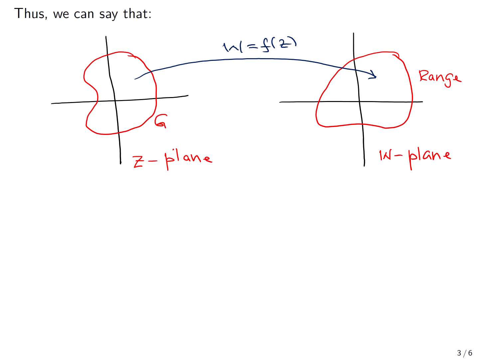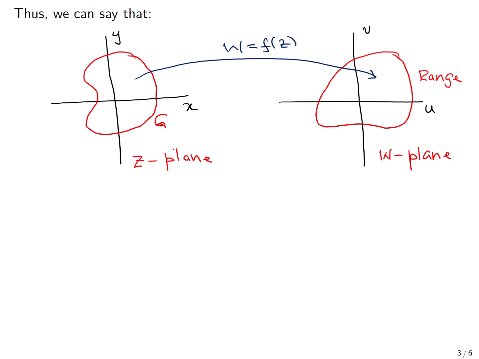That's how it looks. You can see there are two variables, x and y, on the z plane, and u and v on the w plane. That's how a function looks here.